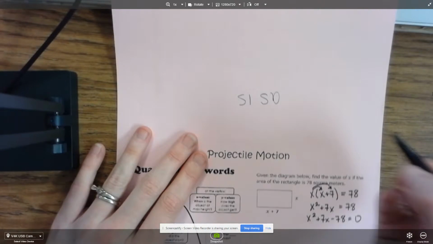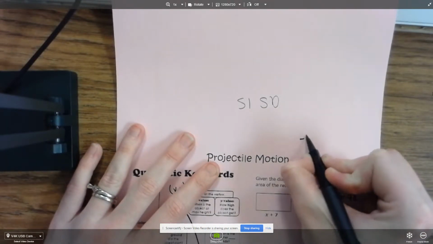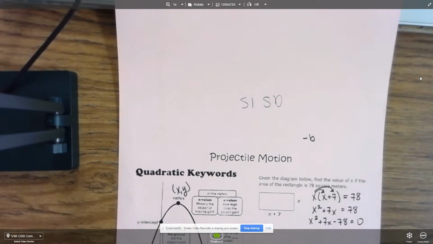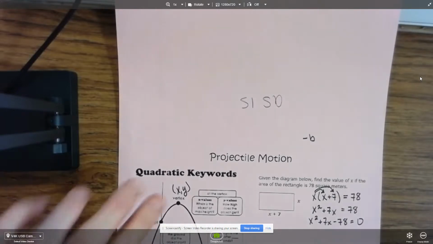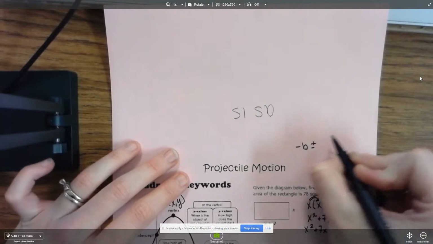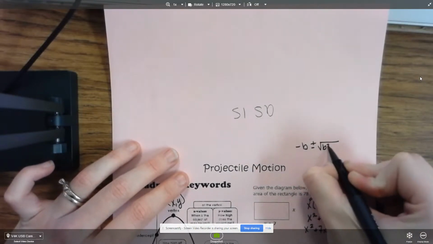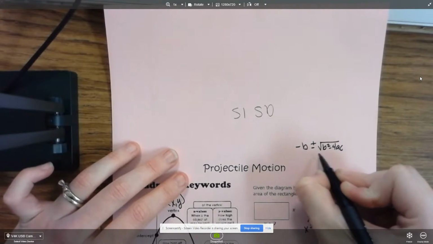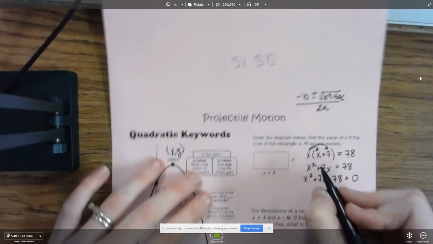The quadratic formula is negative b plus or minus the square root of b squared minus 4ac, and all of that is divided by 2a. And I can use that here.